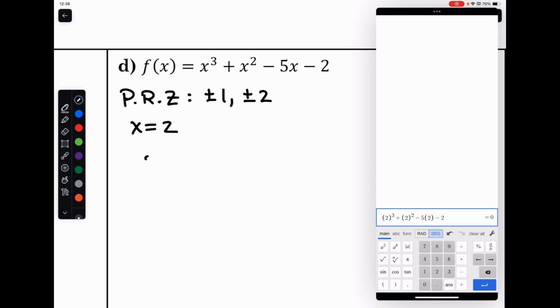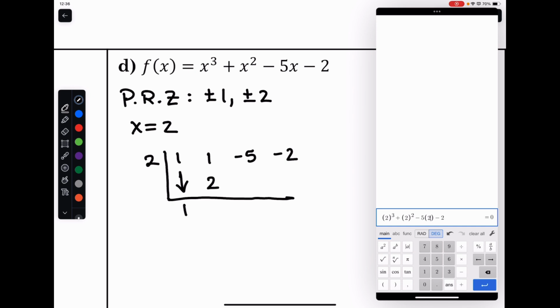So let's use that solution and, using synthetic division, divide by this factor, this x-intercept, to figure out what the quadratic is going to look like. So we have 1, 3, 6, this will be 1, 2, and then 0.